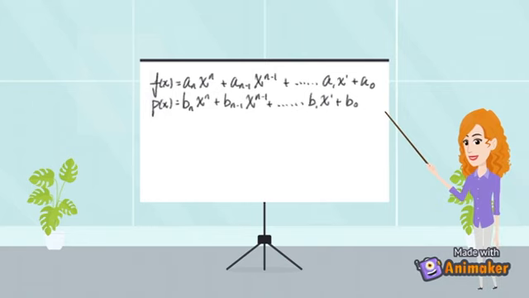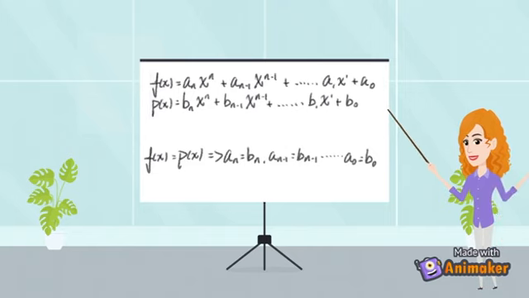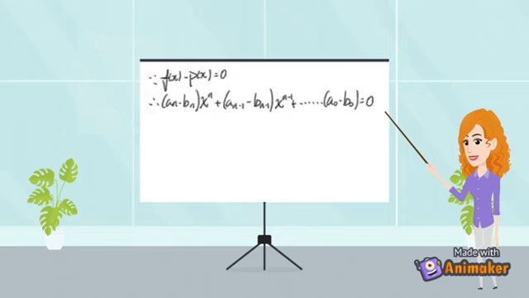If the statement is correct, we should assume the result to be a_n equals b_n, a_(n-1) equals b_(n-1), and so on. We know that f(x) minus p(x), or in reverse order, p(x) minus f(x), is equal to 0, since the two polynomials are the same.